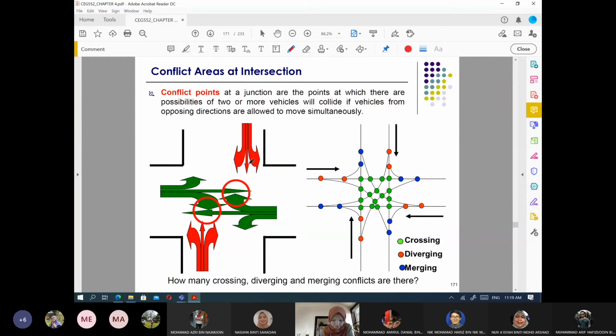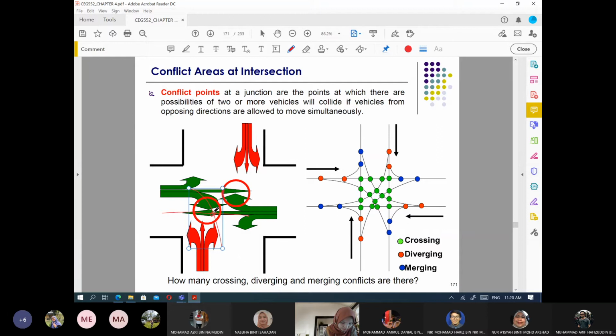Okay, this is the conflict points. You can see here there are crossing, diverging and merging. If you can see here, the one being circled in red color here, it would show you the impact of crossing. So dia akan bersilang lah kat sini.